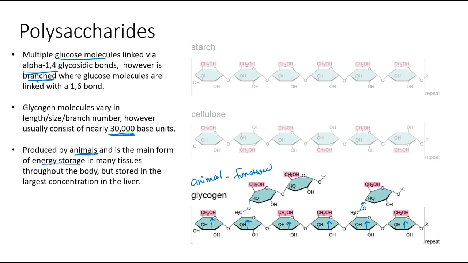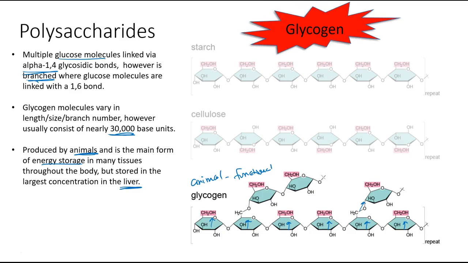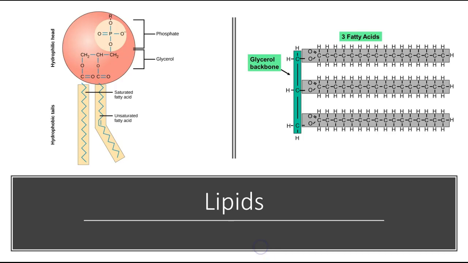Most of the highest concentration of glycogen is in the liver. Okay, the liver is not only an organ that filters the blood, so to speak, and removes toxins from the blood, it also is an energy store or a glycogen store for the glycogen that is produced by those condensation reactions.